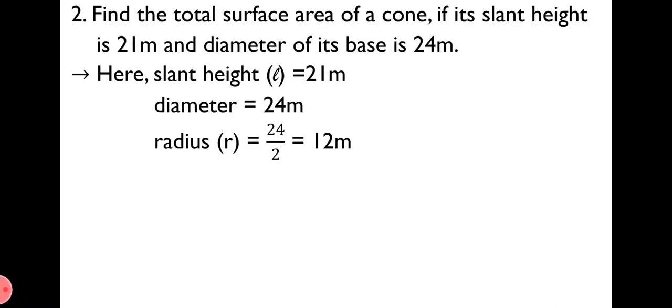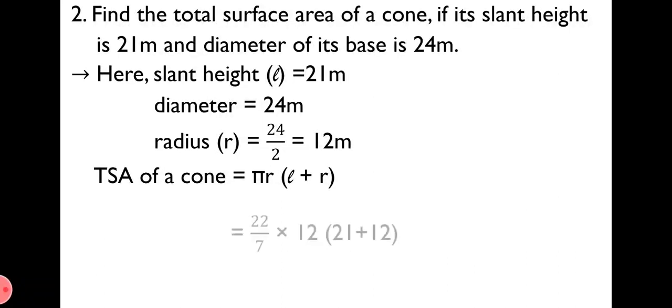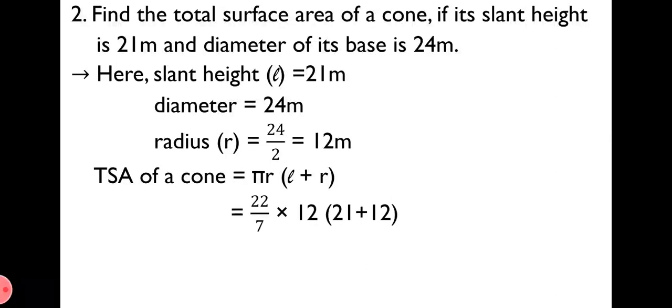Now to find the total surface area of the cone, we use the formula pi r into L plus r. Therefore TSA of a cone equal to pi r into L plus r. Inserting the values of slant height and radius, we get 22 upon 7 into 12 into 21 plus 12. According to the rules, first we have to solve the brackets.